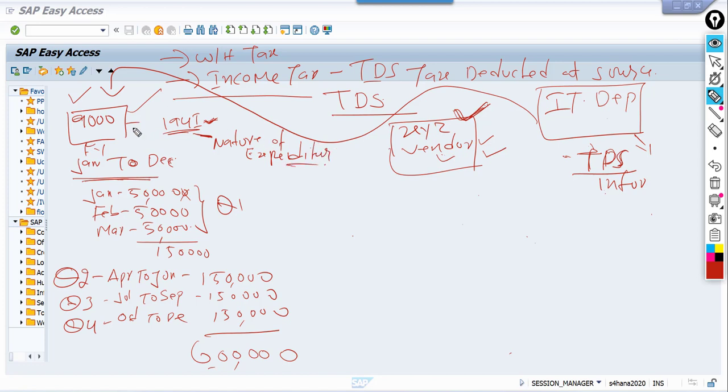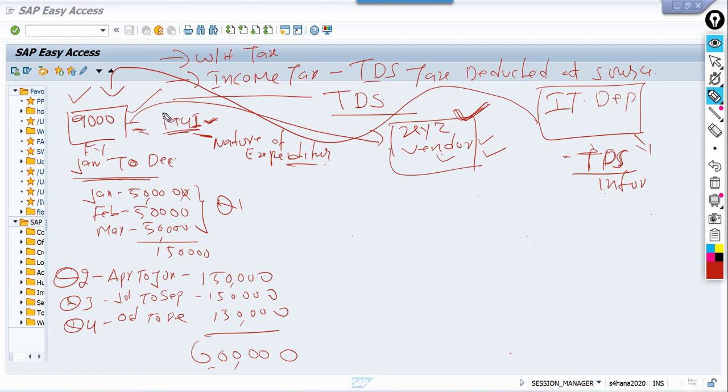So here what is the nature of this expenditure? This is the rent. 9,000 company code is paying rent to this XYZ Limited. So 194I deals with TDS. They added one section, 194I. What does 194I say?